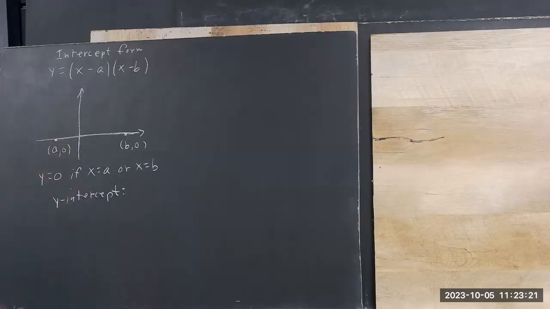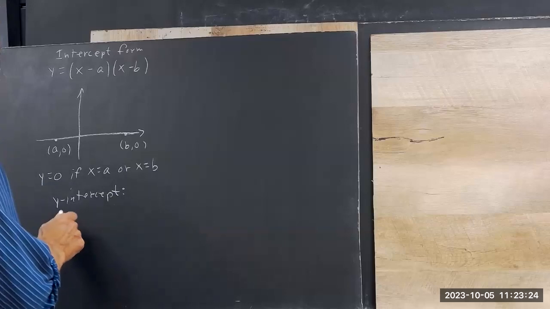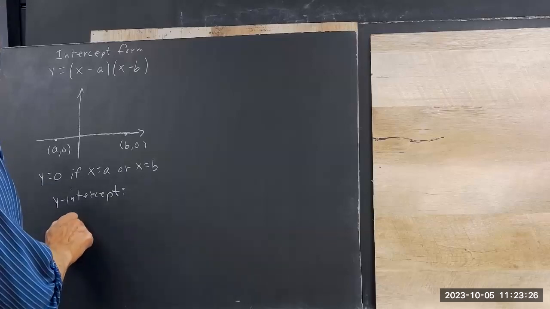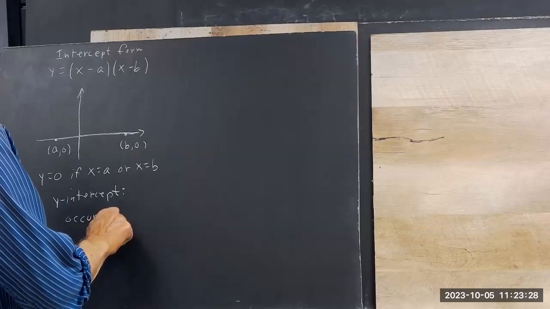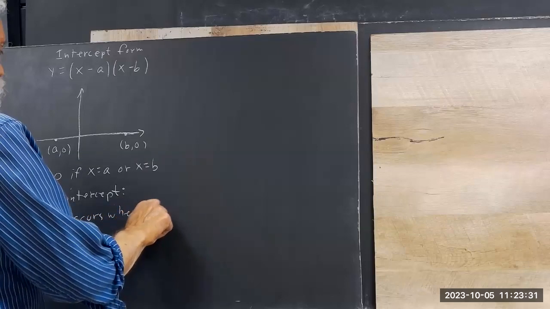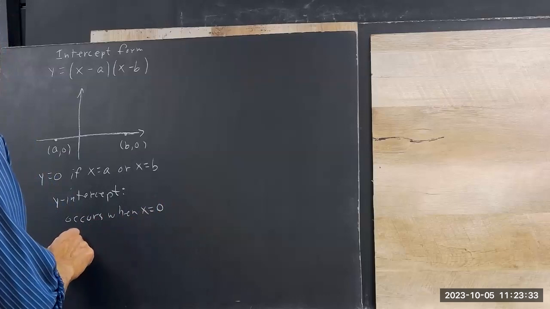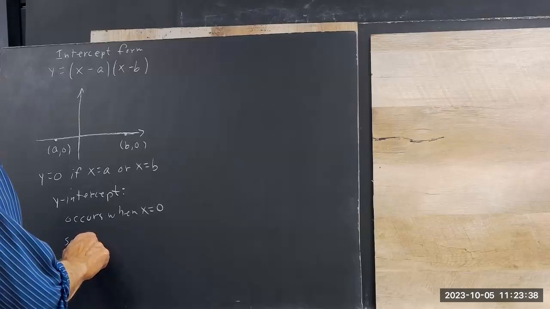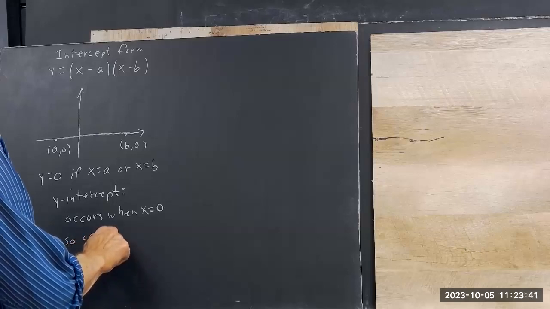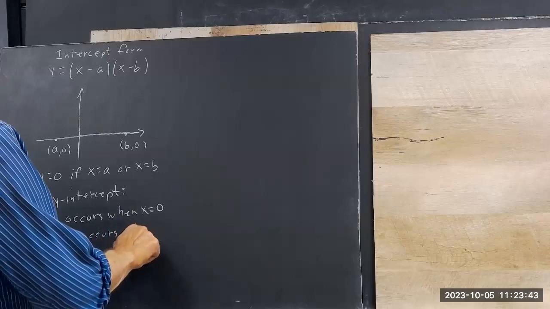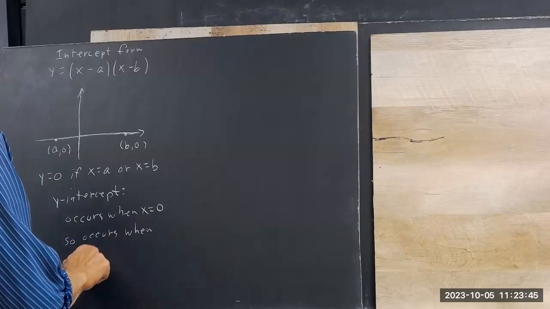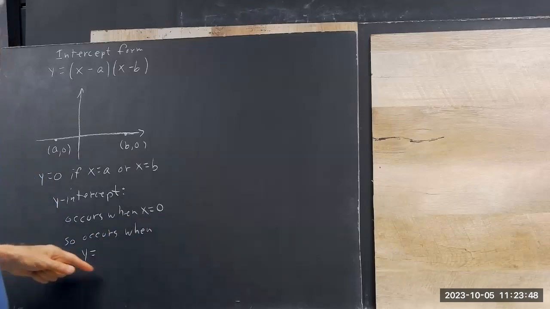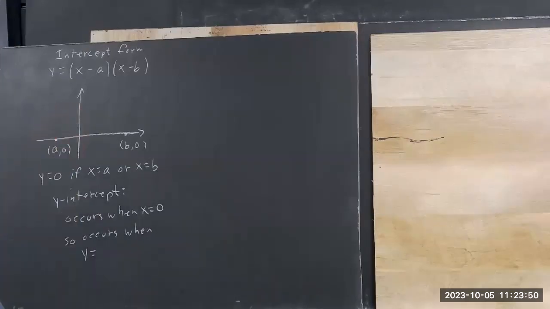Okay, so the y-intercept occurs when x equals 0. Okay, if x equals 0, what do you get for y? Okay, now, not everybody's seeing what to do with this.